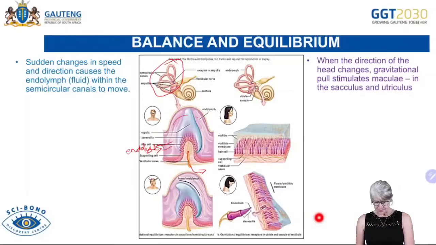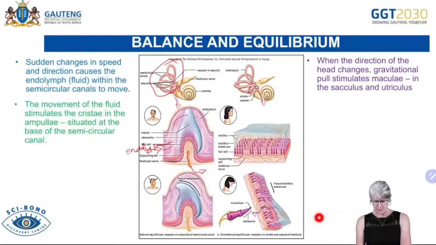Okay, so the movement of the fluid stimulates the cristae. Remember we said this sensory receptor is called a crista, and it's found in the ampullae. Ampullae just means a swollen base of the semicircular canal.